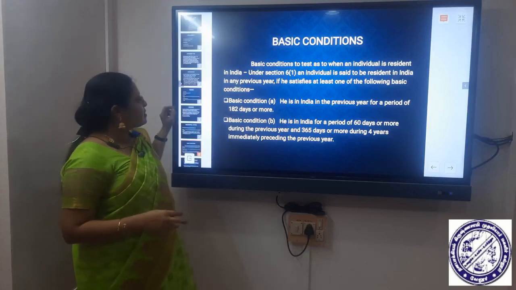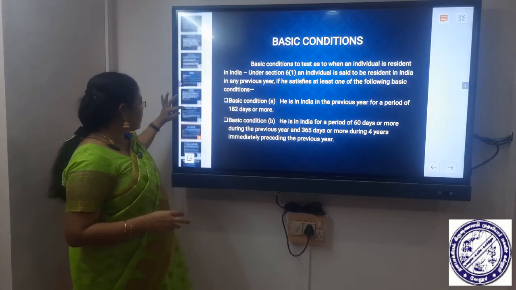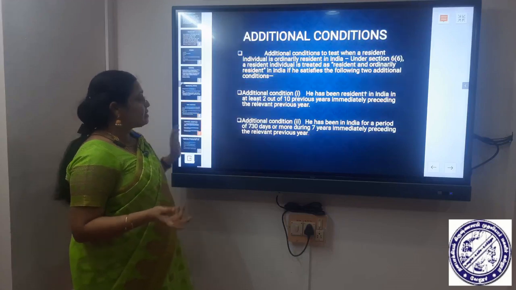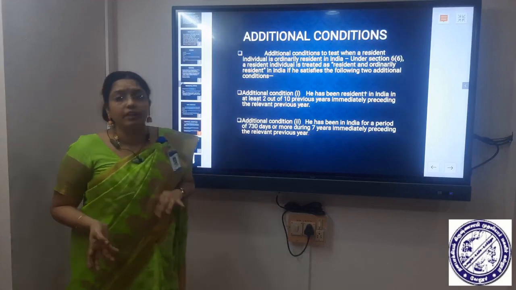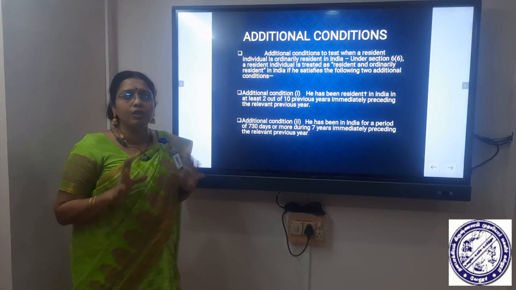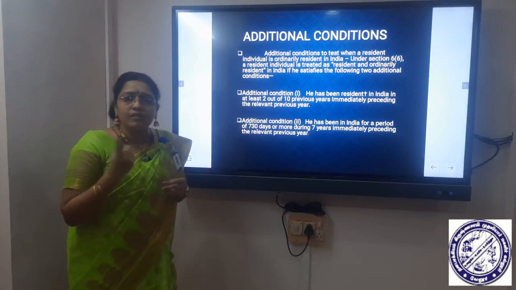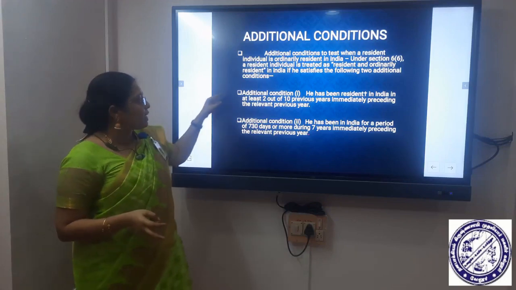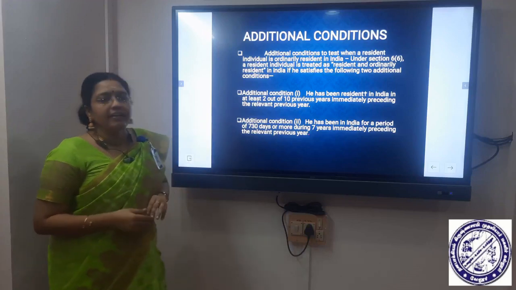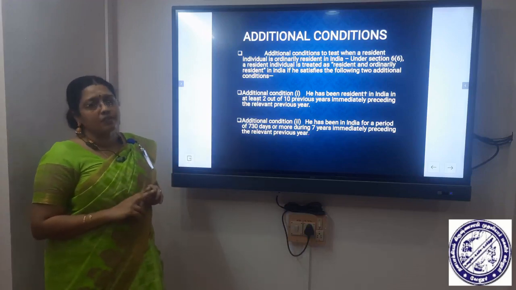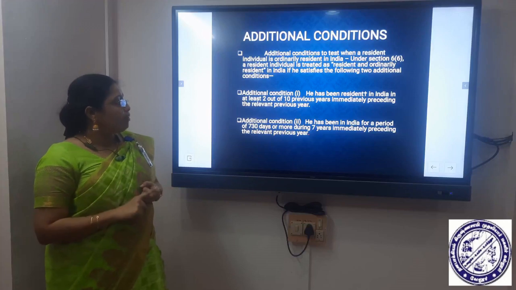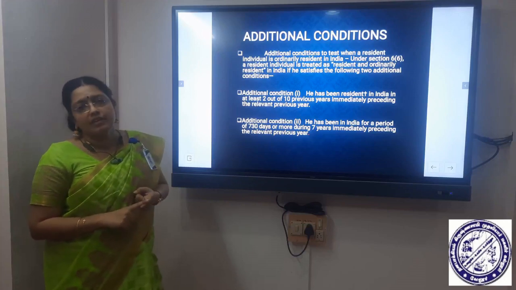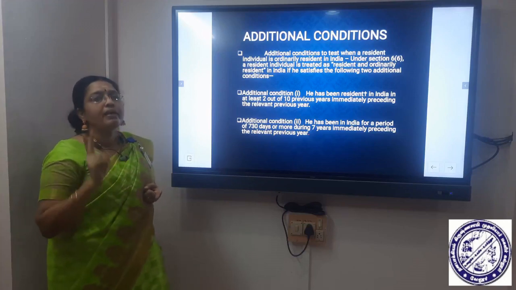After getting the resident status, they have to go for whether they are an ordinary resident or not ordinary resident. To be an ordinary resident, they have to satisfy another two conditions. Condition number 1: out of the preceding 10 years, they have to be resident in 2 years compulsorily. Plus, condition 2: they have to satisfy 730 days in the preceding 7 years. So they have to satisfy both 2 years and 730 days.